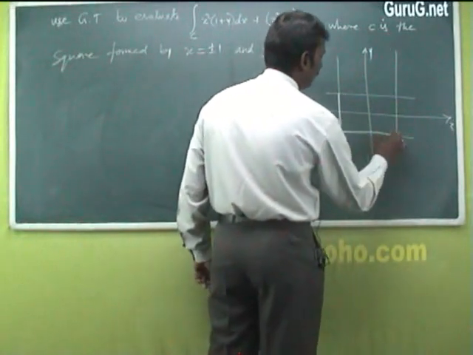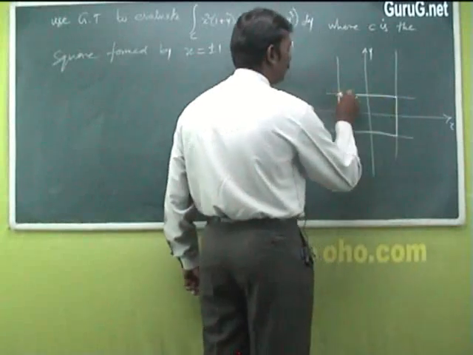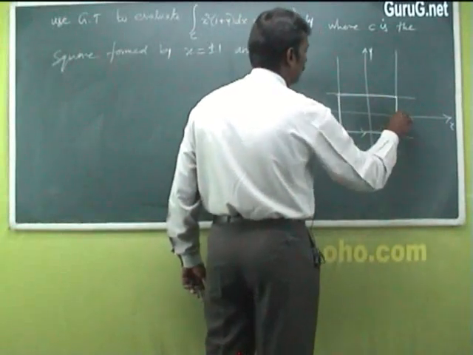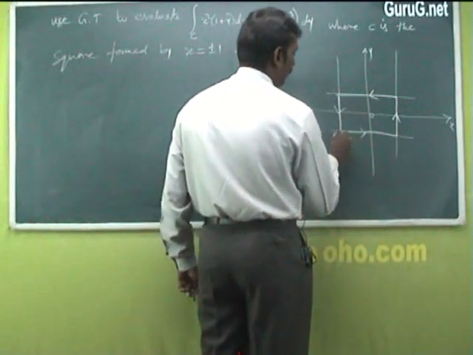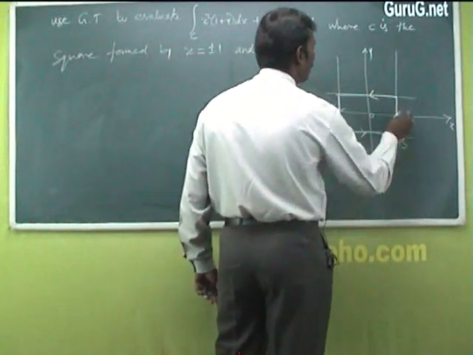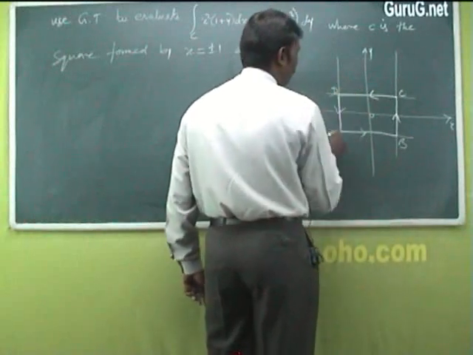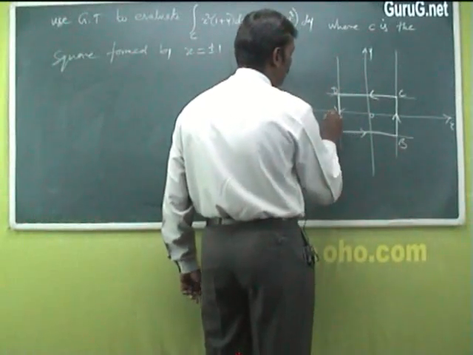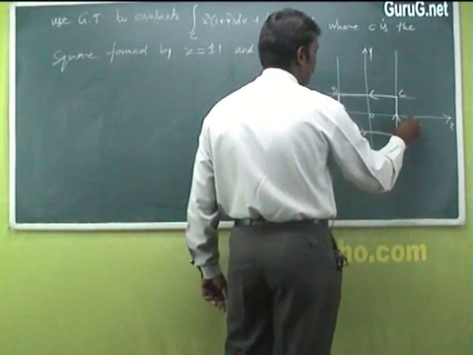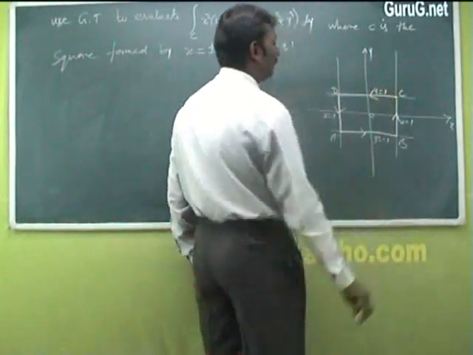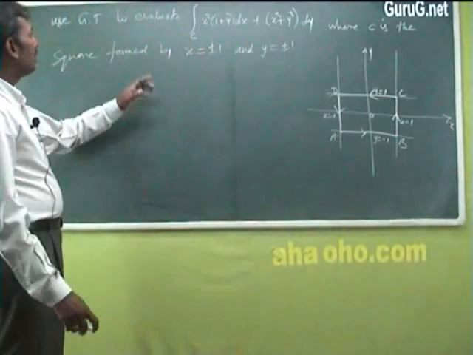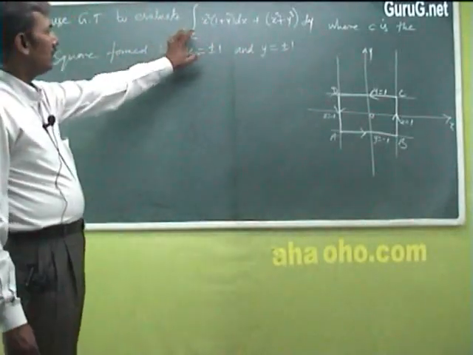So this is the boundary C. This is origin, right? I'll take it as A, B, C and D. This line is x equal to minus 1 and this line is x equal to 1, y equal to minus 1, y equal to plus 1. So using Green's theorem, we have to evaluate this integral.